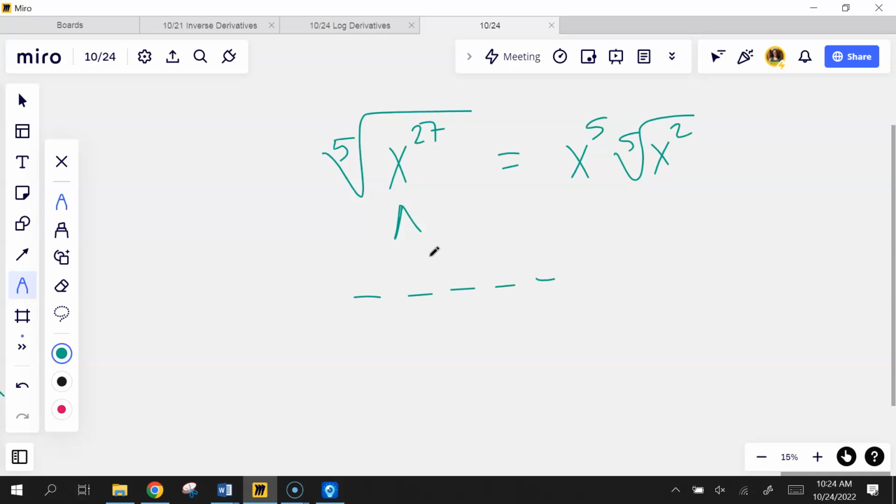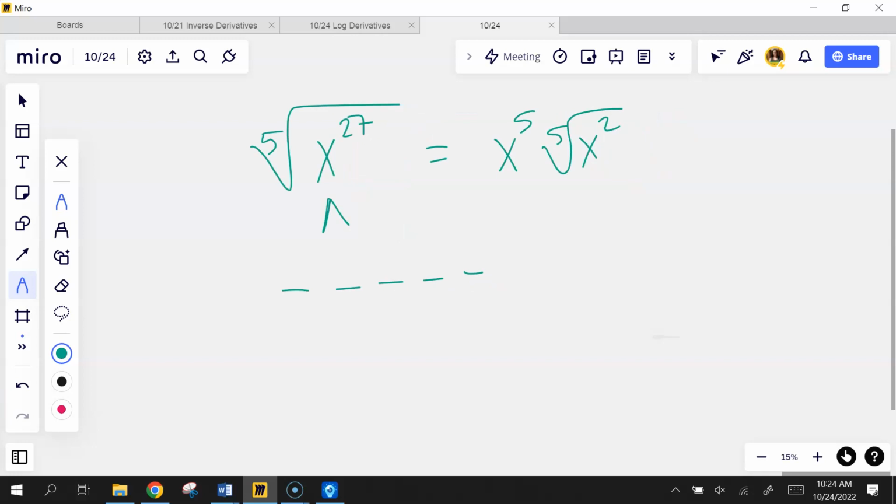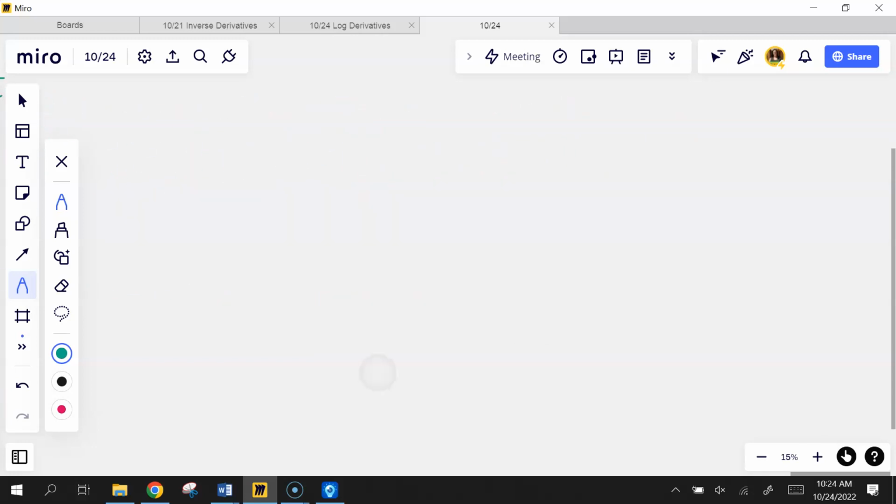Okay, so let's do an example. No, with all the variables and everything. You try this one. Cube root 56 R8S4. It's a cube root, yeah.